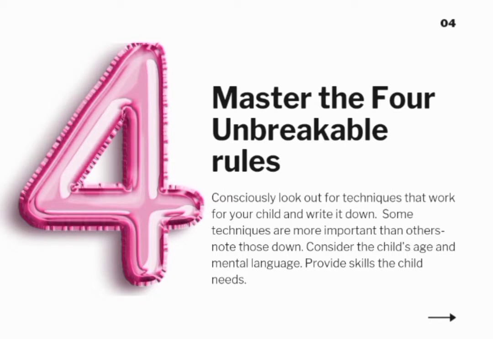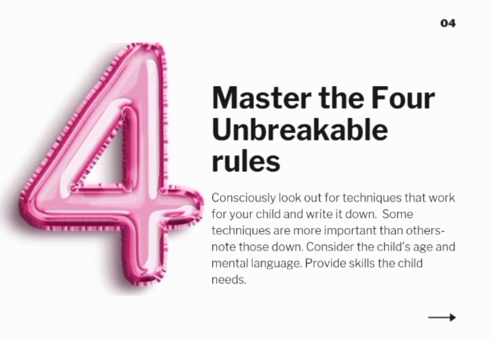You also need to consider the child's age and mental language. How you empower a 7-year-old is obviously different from how you empower a 14-year-old and so on. Also, the child's mental language is important. How you empower an auditory child is different from how you empower a child who is visual, and very different from how you empower a child who is kinesthetically driven.